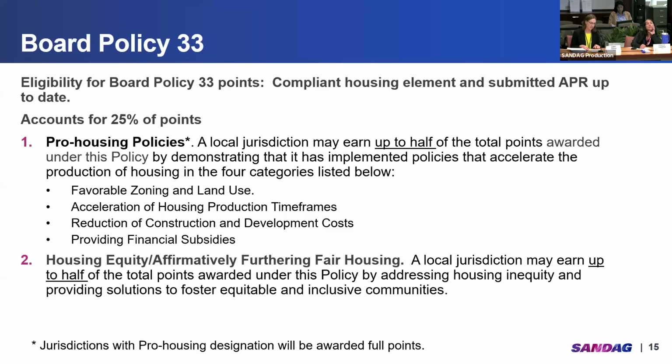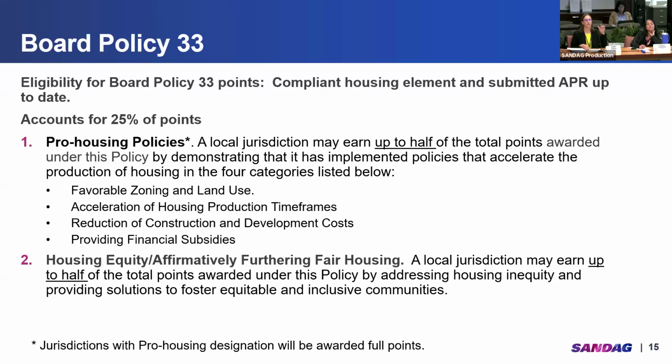And then Board Policy 33. We do have this board policy that outlines how projects that are awarded through the Smart Growth Program receive points related to housing. The policy requires that 25% of the points are allocated through this policy. So if you notice there's 25%, it's pretty high. It's dictated by this policy that we have to have that criteria and that specific weight.